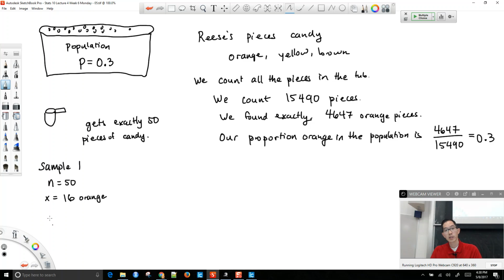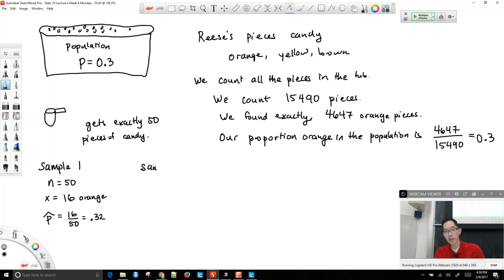So what is my sample proportion that's orange? My p hat is 16 divided by 50. It's 32% orange.